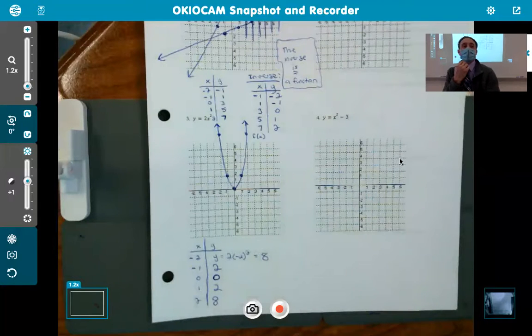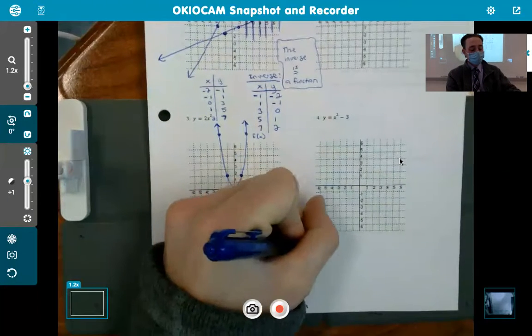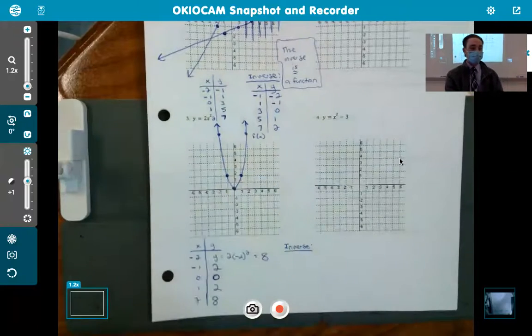Okay. Any questions so far with how I found those points or how I graphed that function? Okay. Now I'm going to go through and graph my inverse. All right.